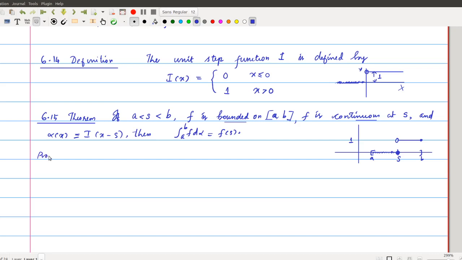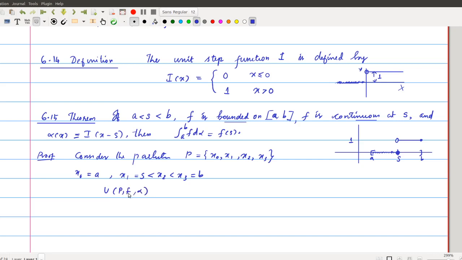For the proof we consider the partition P, which consists of x0, x1, x2, x3, where x0 equals a and x1 equals s, which is less than x2, less than x3, which is equal to b. You just consider this partition. Then you can easily get the upper sum U(P, f, alpha).